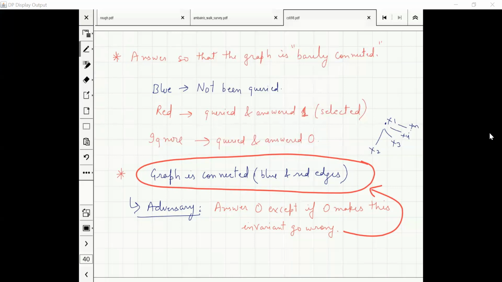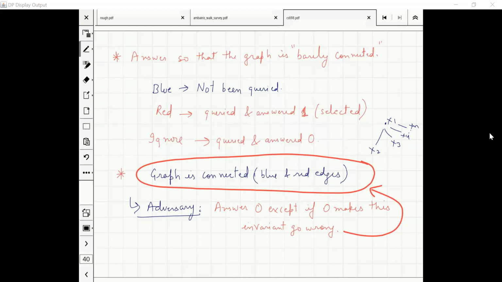But as soon as it is x1, xn, I know that if I answer 0, then my graph will become disconnected. So I will answer 1. Then again the algorithm will keep asking me something. So this is the strategy.